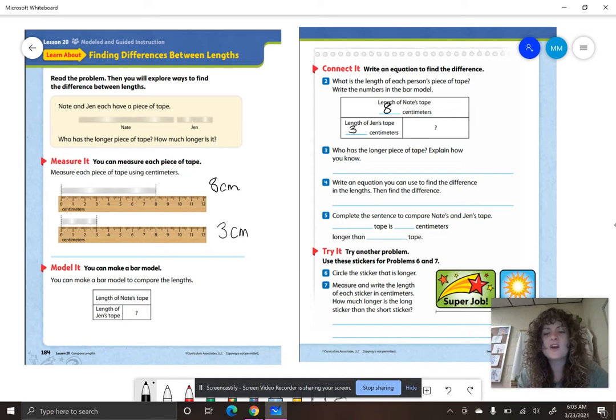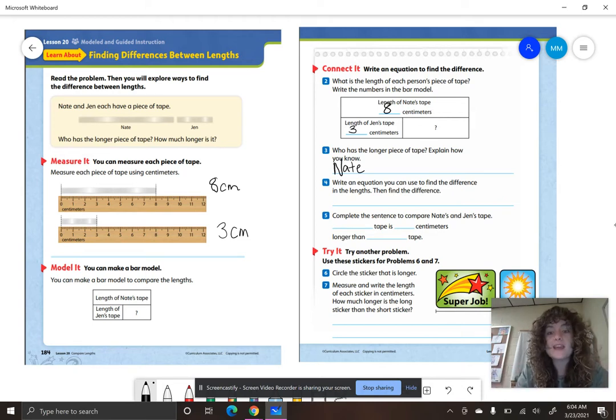Number 3 says, who has the longer piece of tape? Who had the longer piece of tape, Smarties? Nate. How do we know that Nate had the longer piece of tape? What do we know about the numbers 3 and 8? 8 is more than 3.